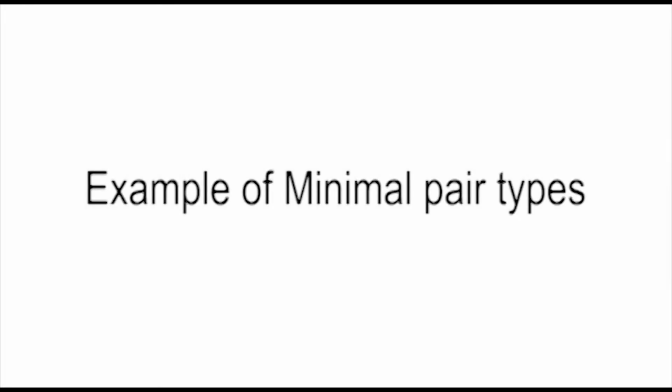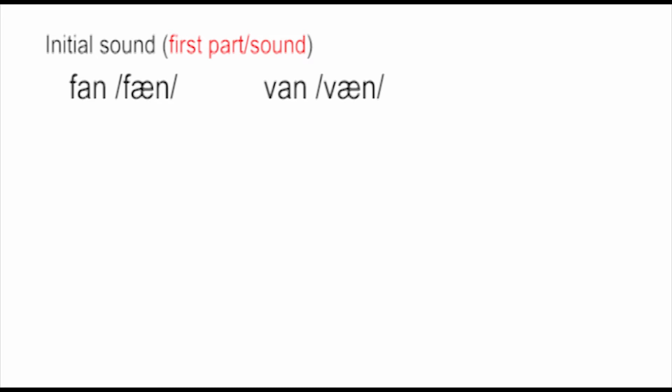Let's take a look at examples of each minimal pair type. Here we have the pair fan and van, and we can recognize that there is a difference in the first sound of each word, that is f and v.